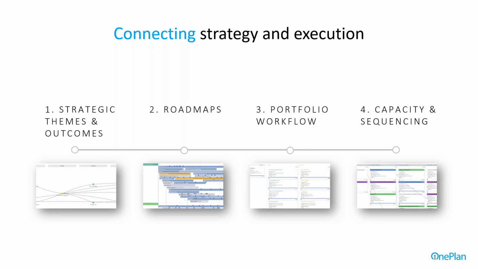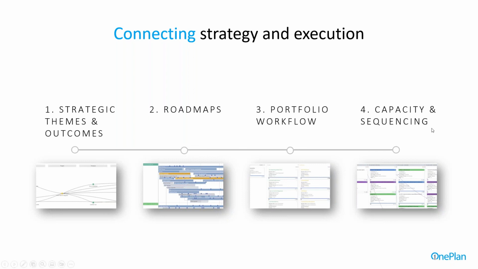We looked at that simple but effective tool of roadmaps so that you can visualize work in progress and upcoming work. We looked at establishing a portfolio workflow. I showed some examples from the lean portfolio management configured in OnePlan using boards, which is a nice way to do things. The review role, the analyze role, building out more detail.